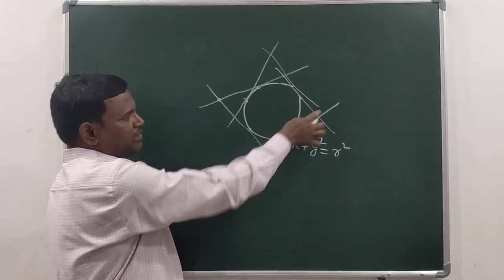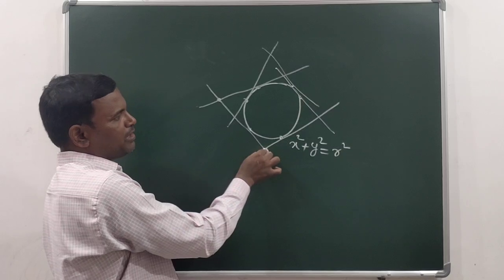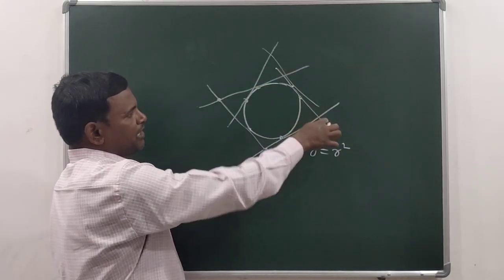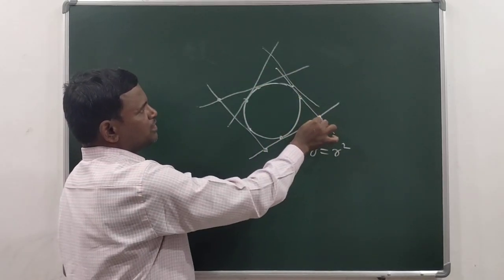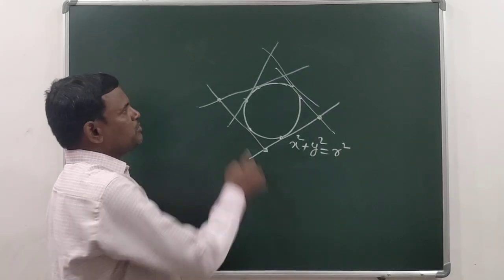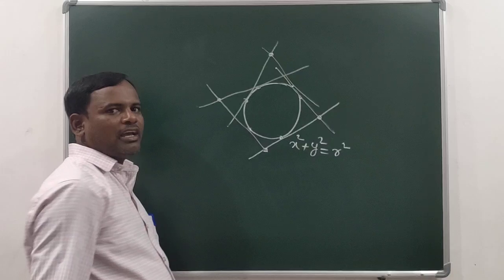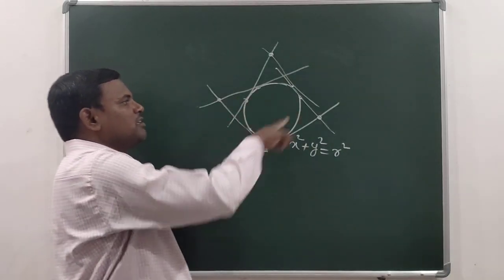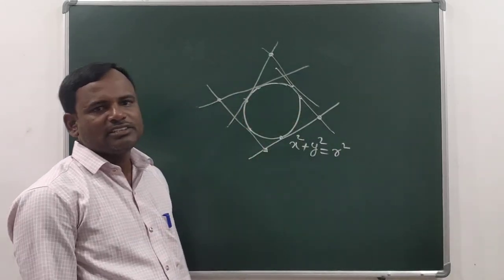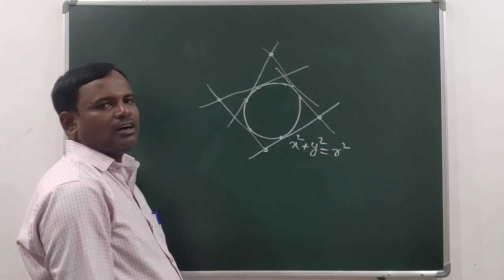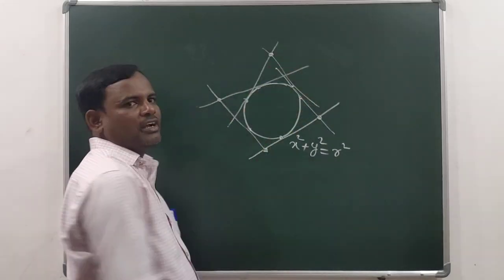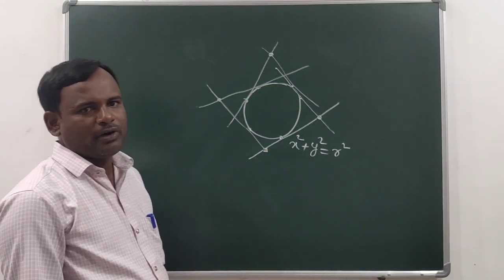Observe this pair of tangents which are intersecting at this point. Like these, tangents will intersect outside of the circle at infinitely many points.